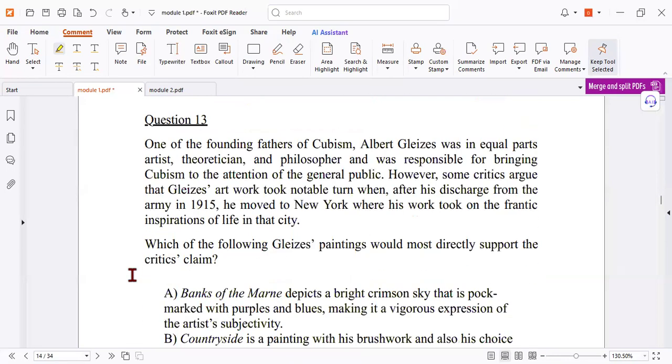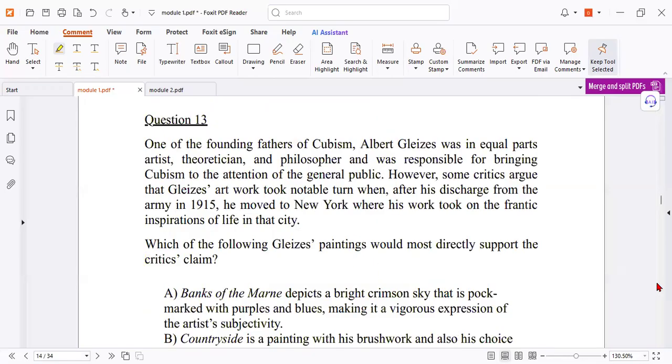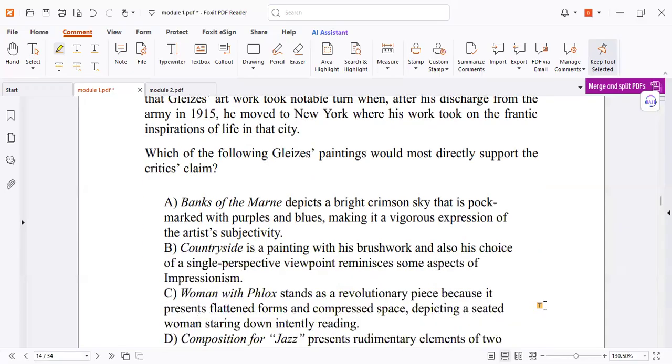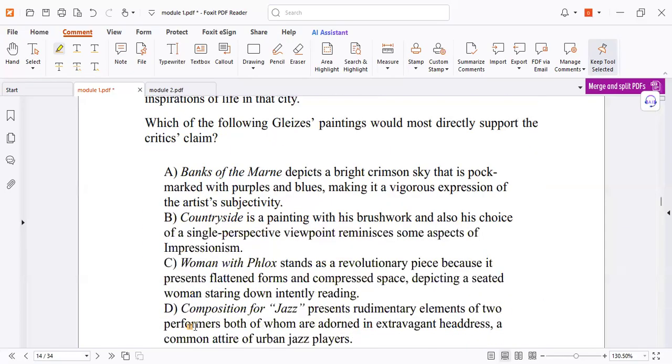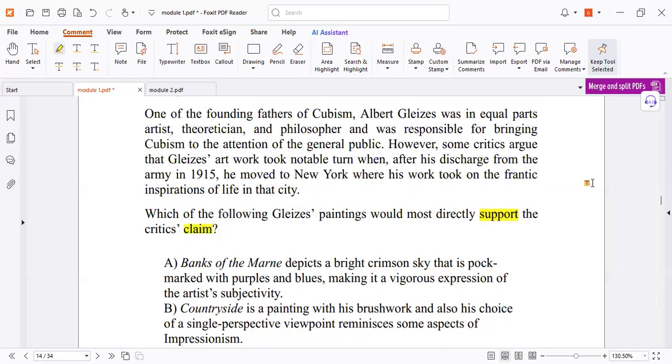Now, the next. What is the answer? The next I chose D. Letter D is correct. It supports the claim. That's brilliant. Always find the keywords of the claim, it can help you.